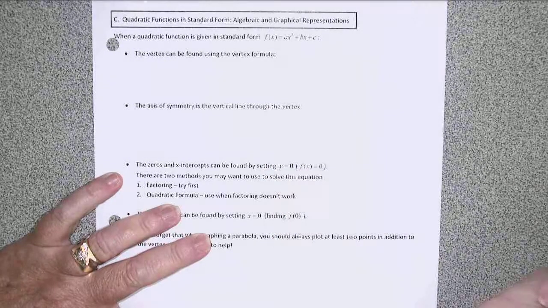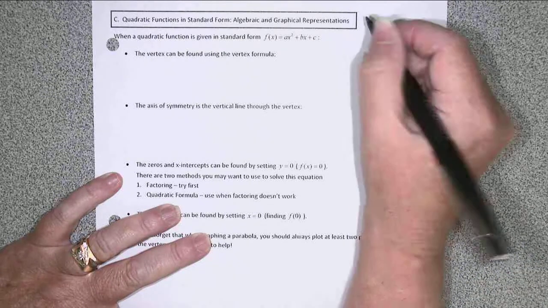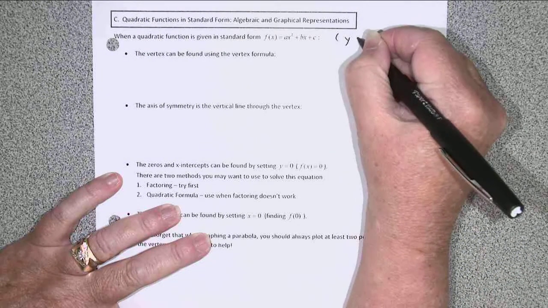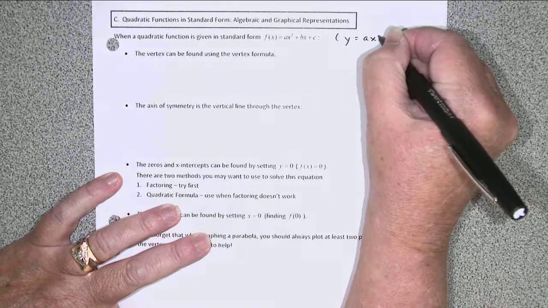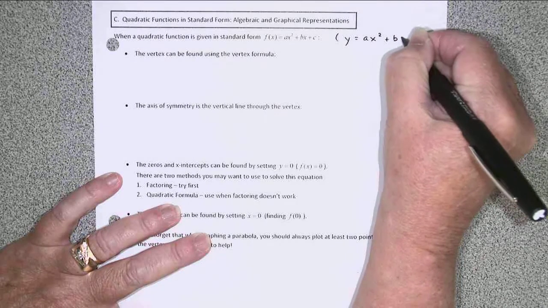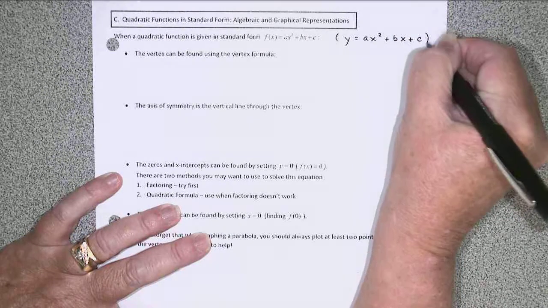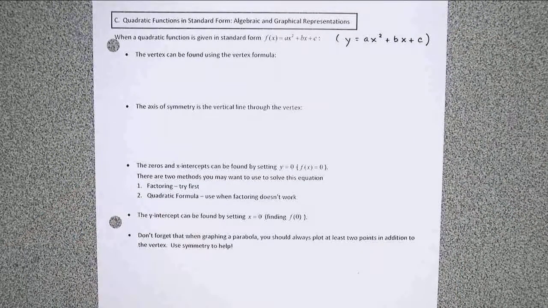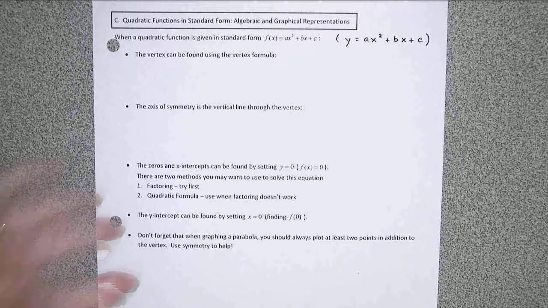f of x is equal to ax squared plus bx plus c, or remember that f of x is really the same as y. So we can also think of it as y equals ax squared plus bx plus c. Since we can't find the vertex on this one by shifting, we're going to use a formula.